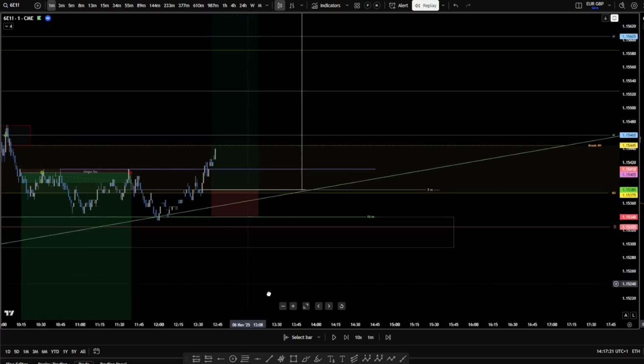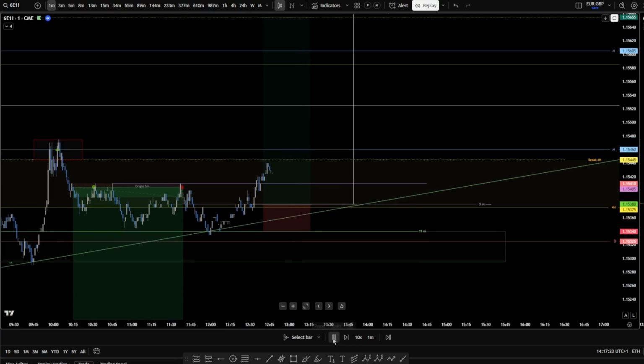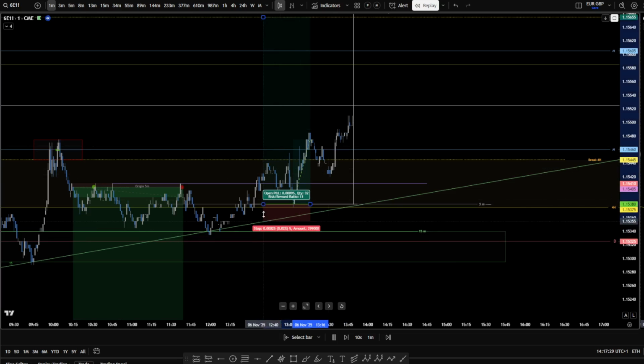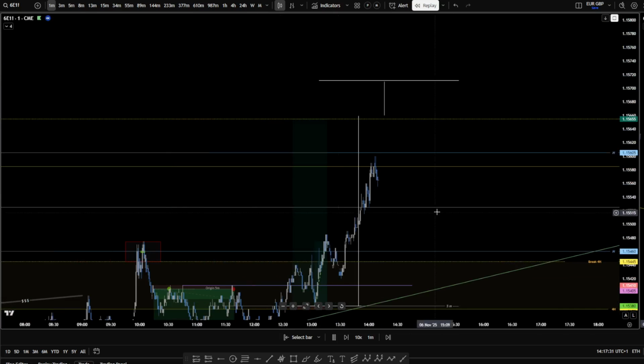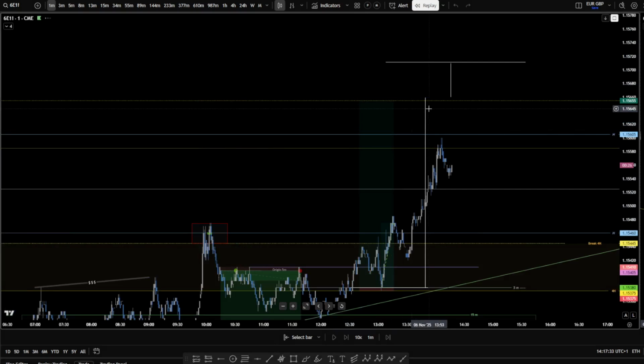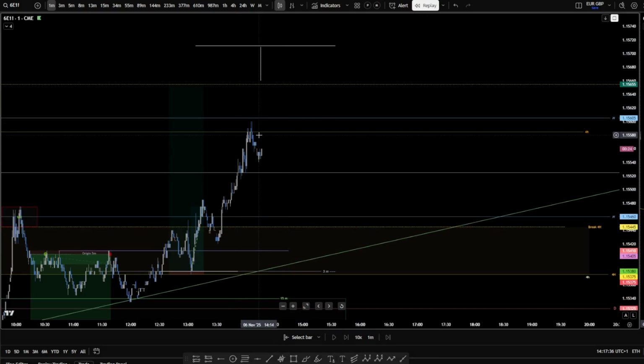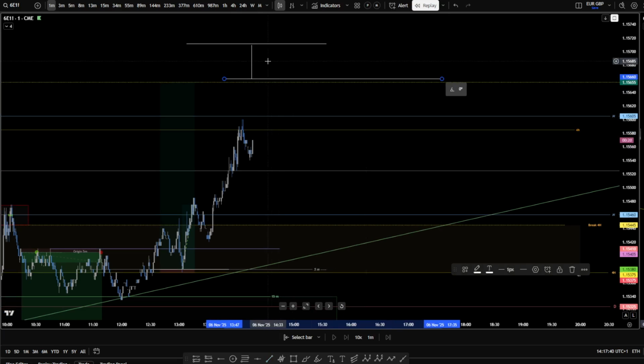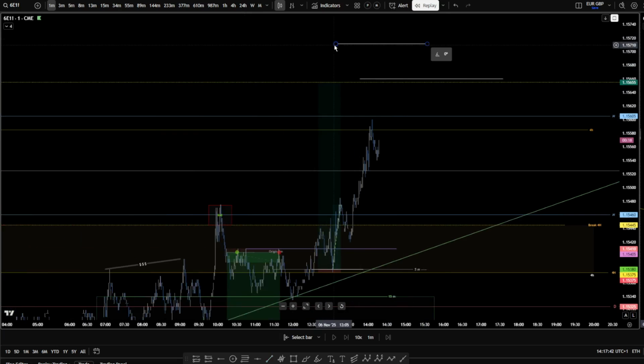So if this was the entry, you would have waited and put your stop again at break even right here. And the price is hitting a 4-hour level. Just gonna mark this as target 1 and target 2.